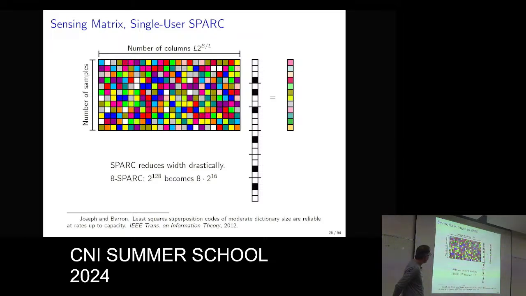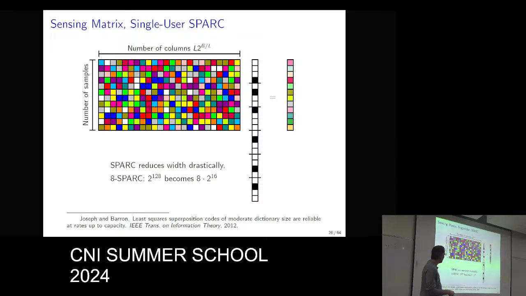So Joseph and Barron introduced this sparse regression code in 2012, and my interpretation of this scheme is that we think of a matrix of code words, but instead of having one-hot encoding, I'm going to separate my vector on the right into sections, and I'm going to have one index per section.